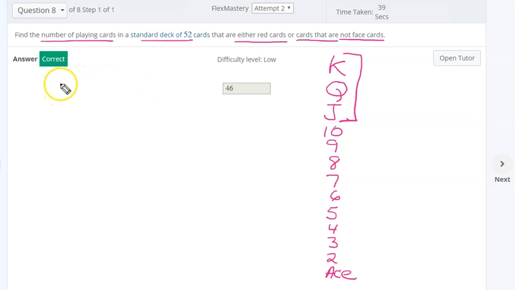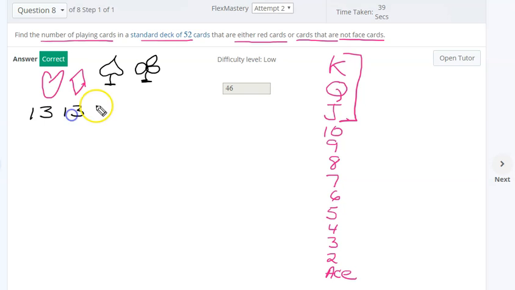And remember, we said there were 4 suits. Hearts were red. Diamonds were red. We had the spades, which were black. And the clubs were black. And there were 13 of each of these suits, which gave a total of 52.